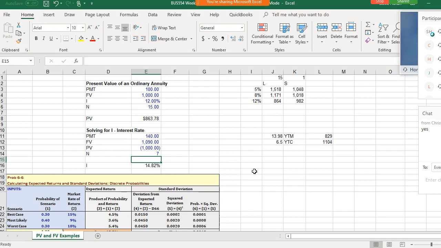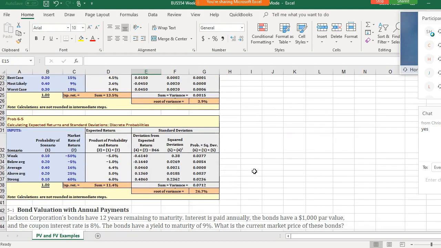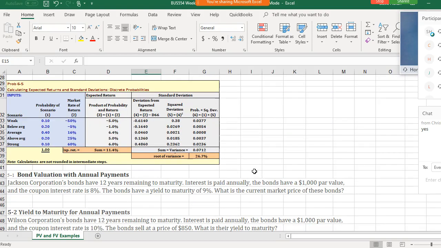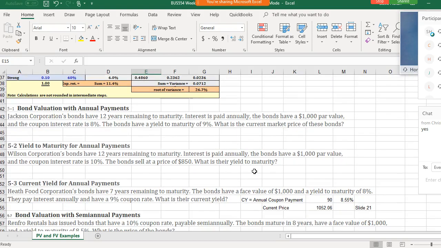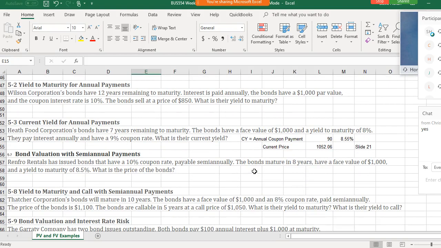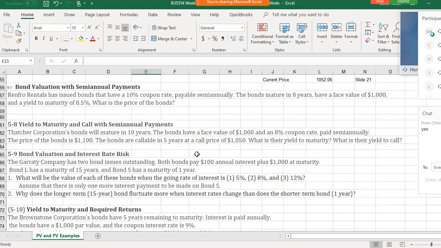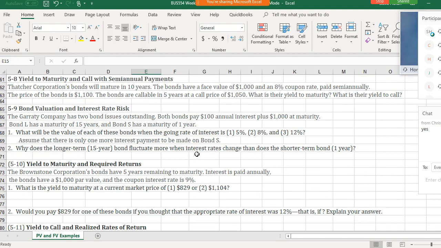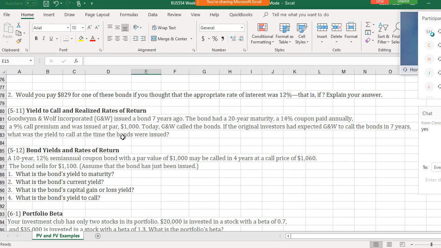But the whole point was what was the yield to call essentially when the bond was issued 1,000 years ago, or 7 years ago. I said 1,000, 7 years ago. It's been a long day already.